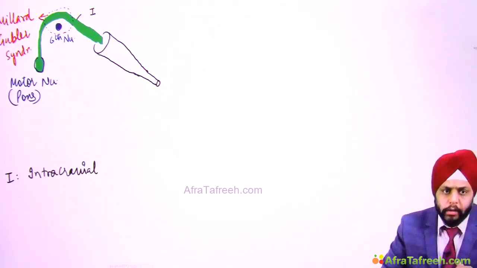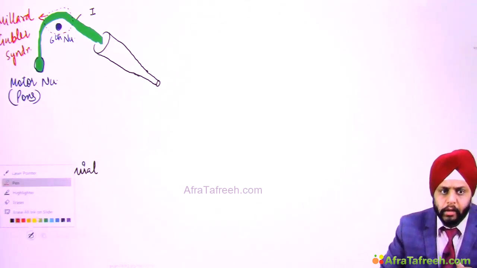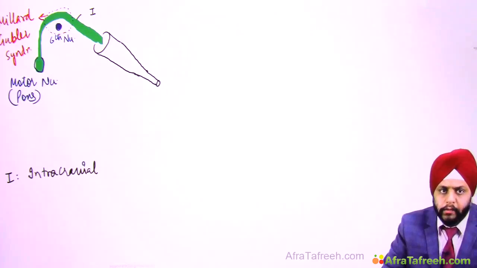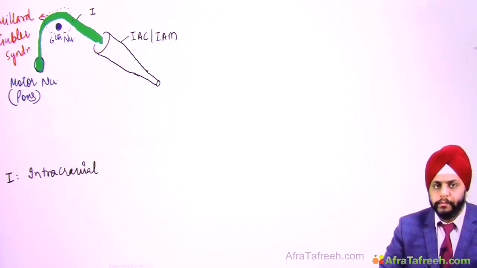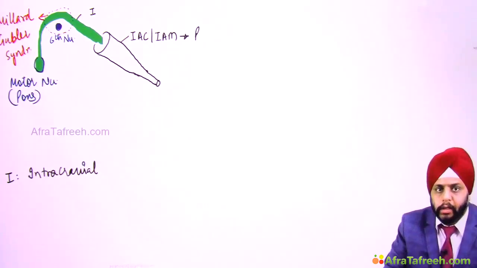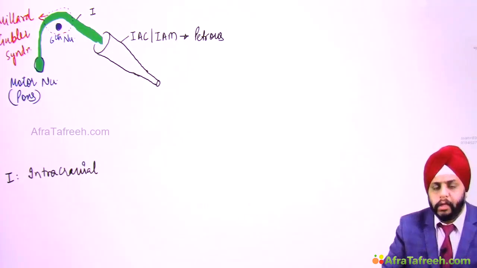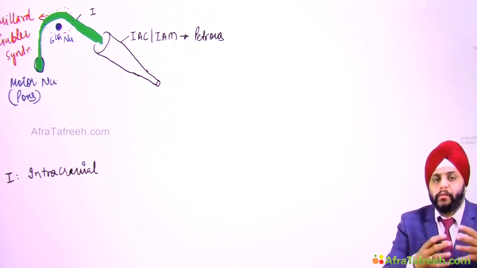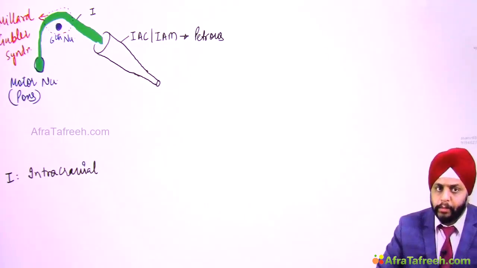Okay, now the facial nerve enters into the IAC, internal auditory canal, also known as internal acoustic meatus, right? This IAC or IAM, where is it? Remember, this is in the petrous temporal bone. Okay, remember the IAC, it opens in the posterior wall of petrous part of temporal bone.